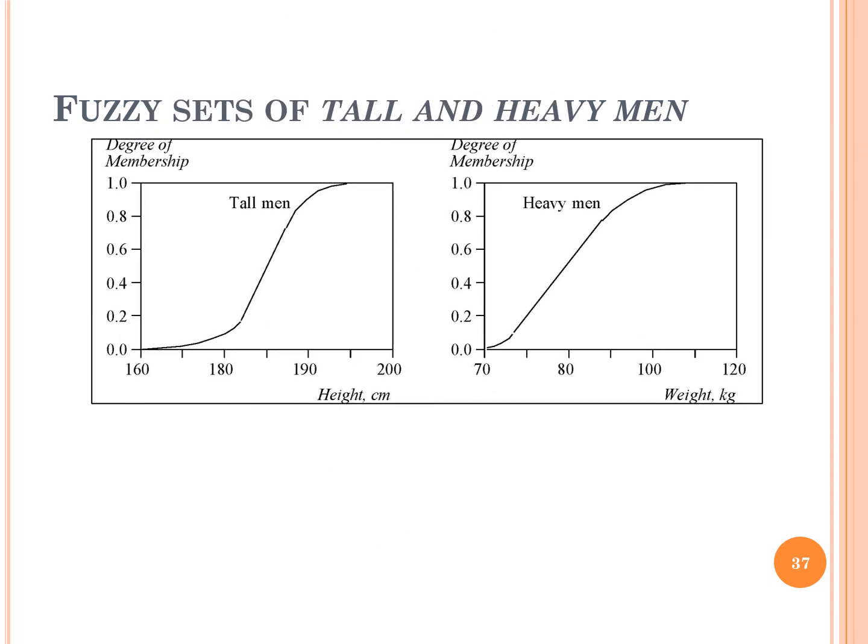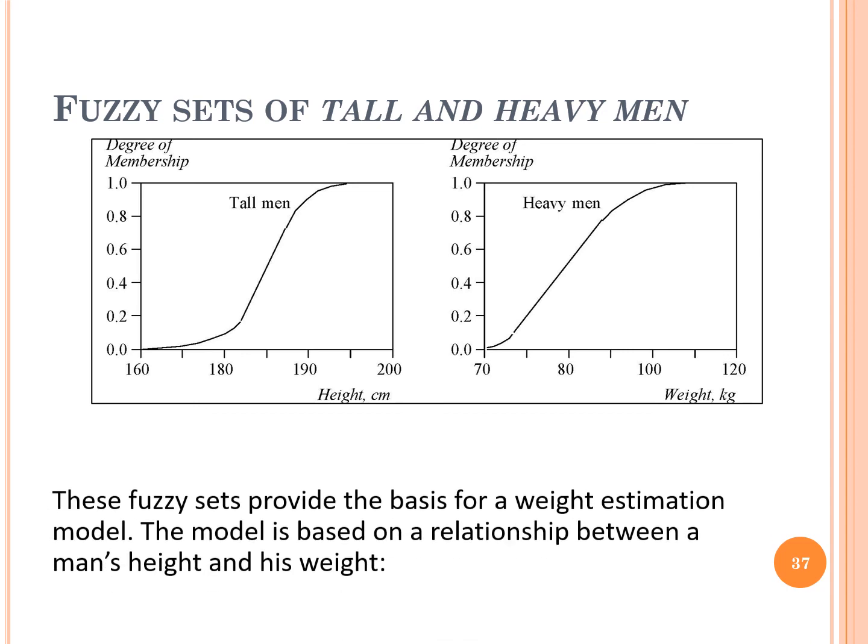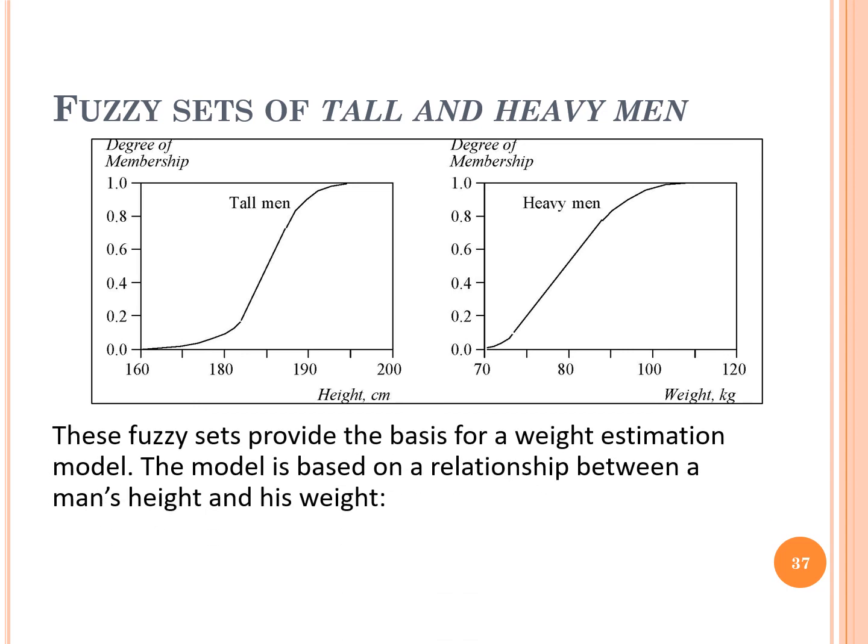If you look at the fuzzy sets of tall man and heavy man here, this fuzzy set provides the basis of a weight estimation model. The model is based on a relationship between a man's height and his weight. The degree of membership is high for the tall man, and then we have weight for the heavy man.